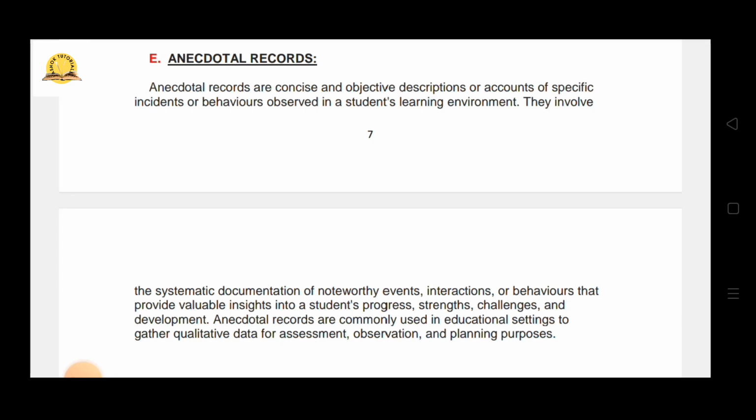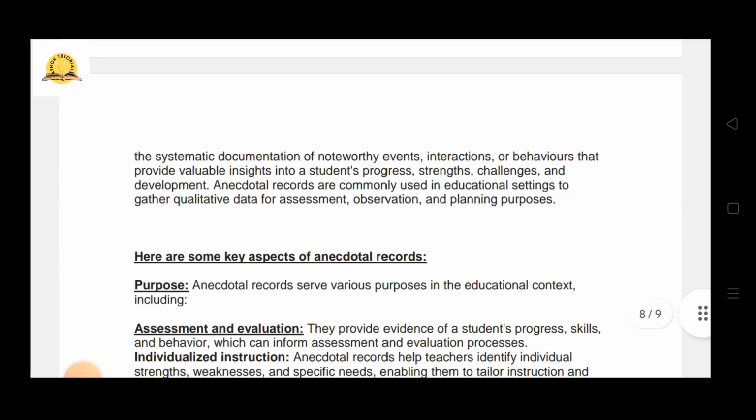All these are taken into account while making anecdotal records. These records are basically used in educational institutions to gather qualitative data for assessment of the child, for observation of the child, and for planning purposes about the child.